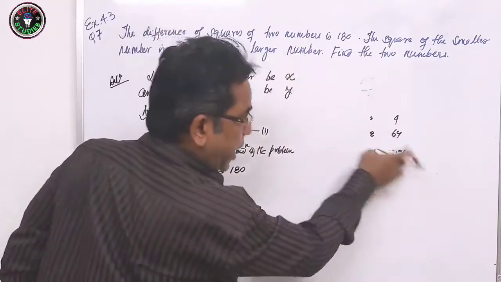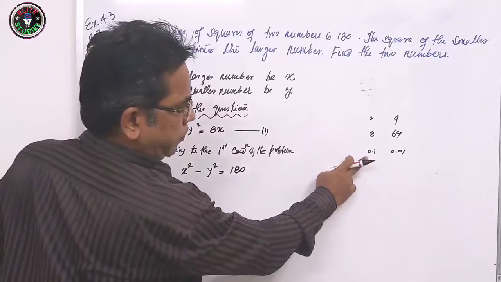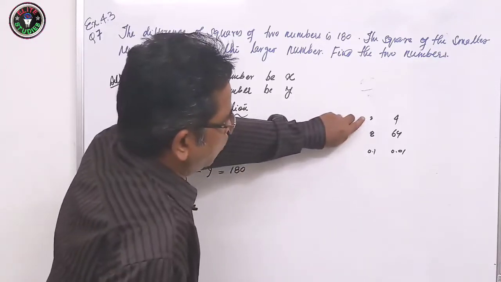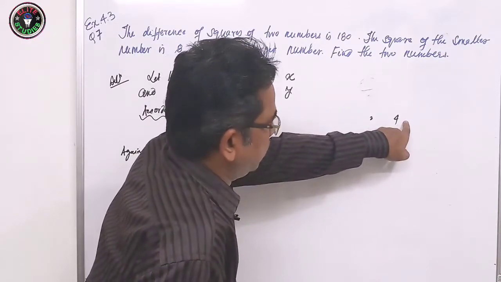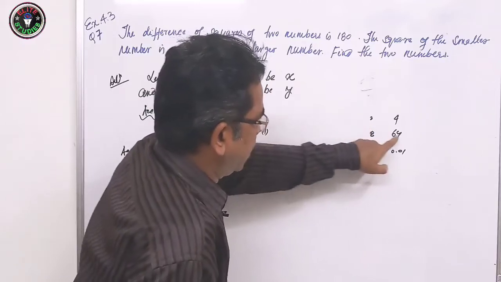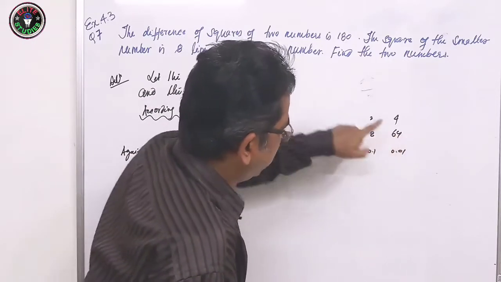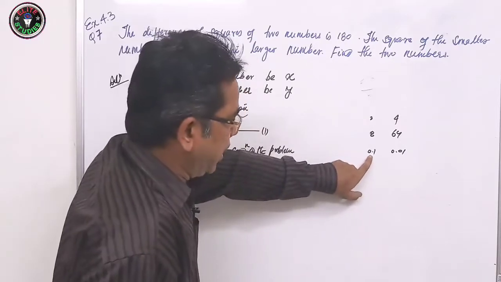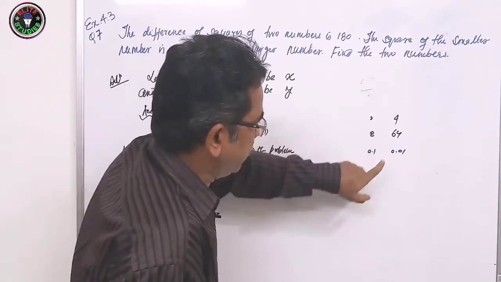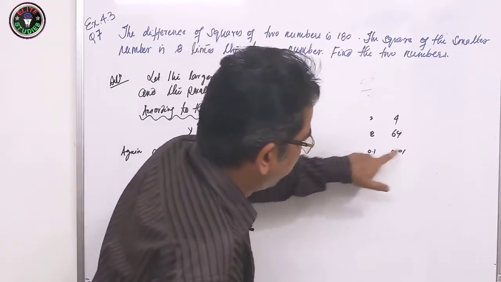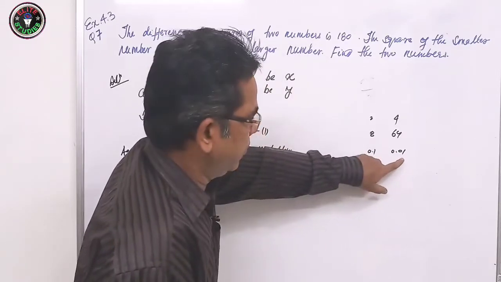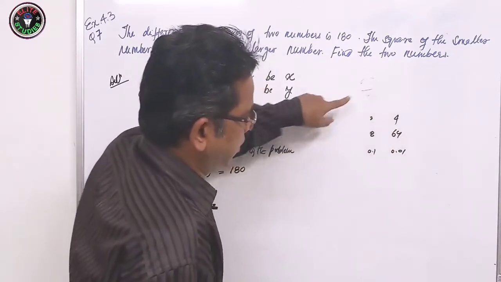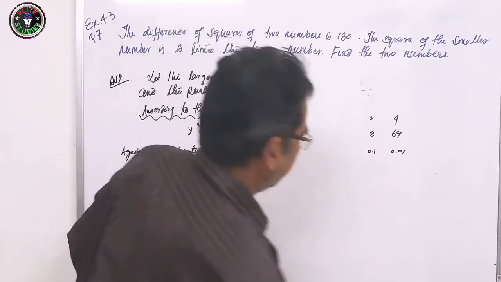The square of 2 is 4, which is more than the number. That is the case for whole numbers, but in the case of decimals, the square becomes less. This thing you should bear in mind.